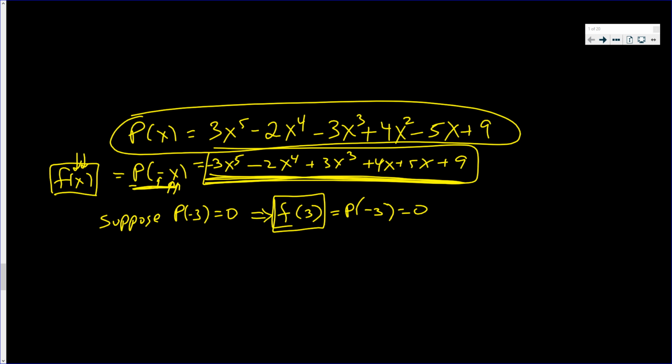I'm finding the positive roots of this. And 3 is going to be a root, because f of anything is equal to p of the negative of anything. So that's just what I would call a consequence or a corollary.